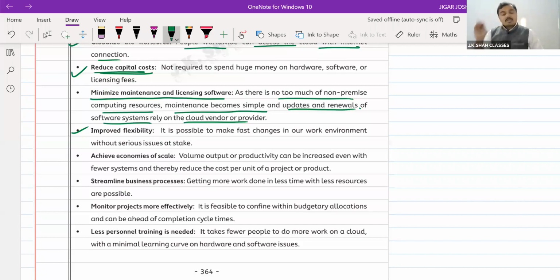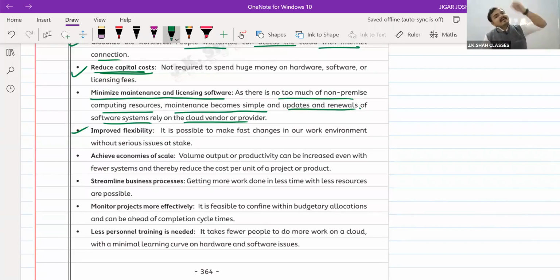Example I want to give you. Suppose in your college, 10,000 students are there. Okay? Yes, sir. And suppose they had given a printed timetable to everyone, a printed physical copy to everyone. Suppose they want to make some changes in the timetable now. All copies are required to be re-given. Yes, sir.